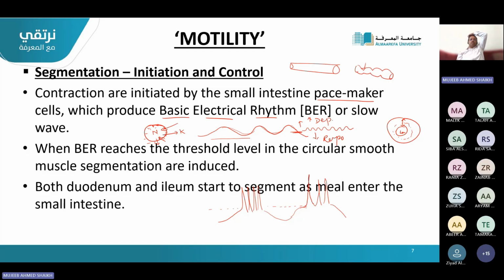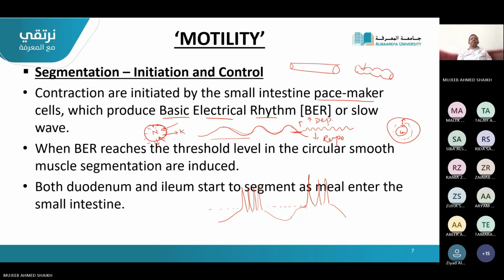So this is the mechanism by which the BER, the basic electrical rhythm, is going on in the background. Whether you eat or you don't eat, there is always a depolarization and repolarization wave occurring. But if it is pushed a little from the basic electrical rhythm to the threshold, it will cause action potentials, which will cause contraction of the smooth muscles of the small intestine, and this will cause the segmentation contraction.